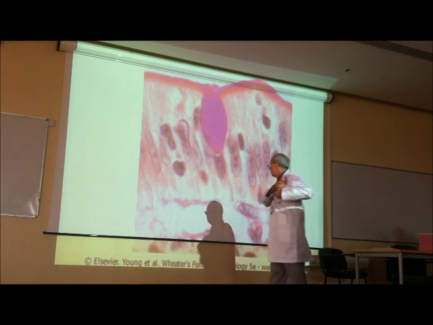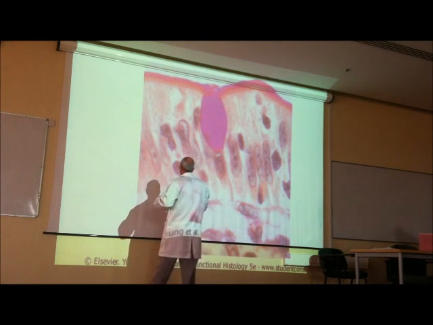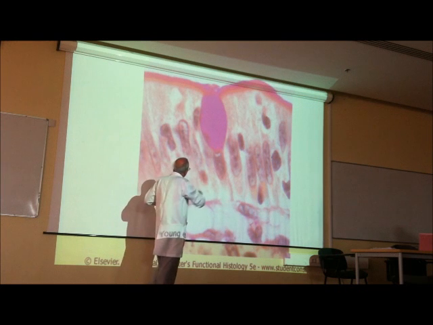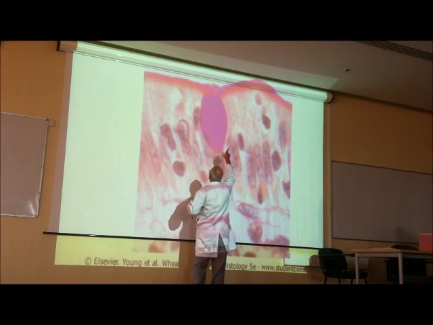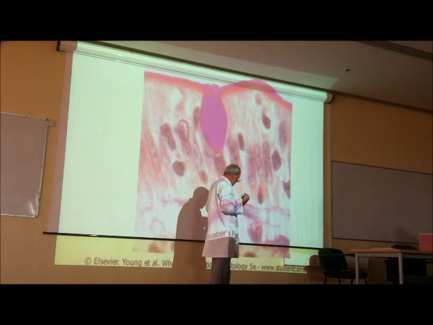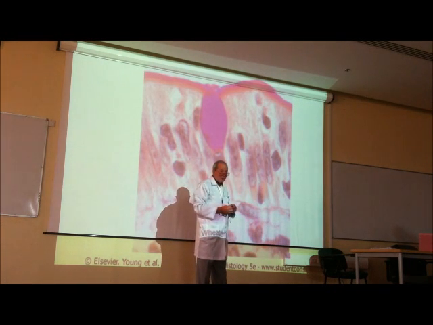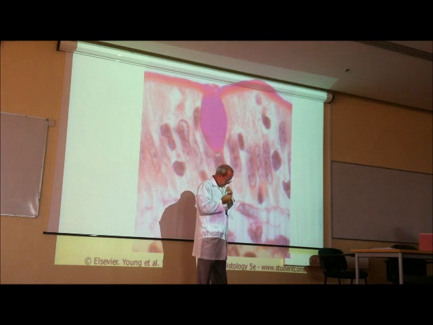But here you will find that the nuclei of cells are oval, and these are goblet cells. What's present up there is the brush border. So what is the type of this epithelium?